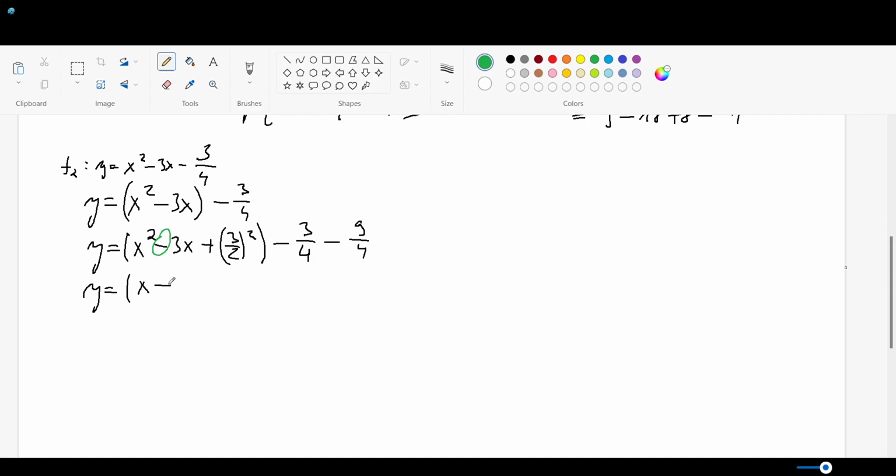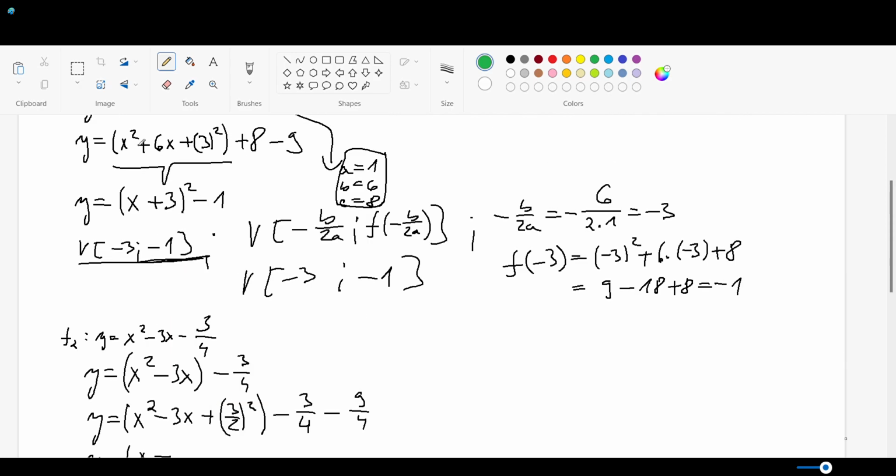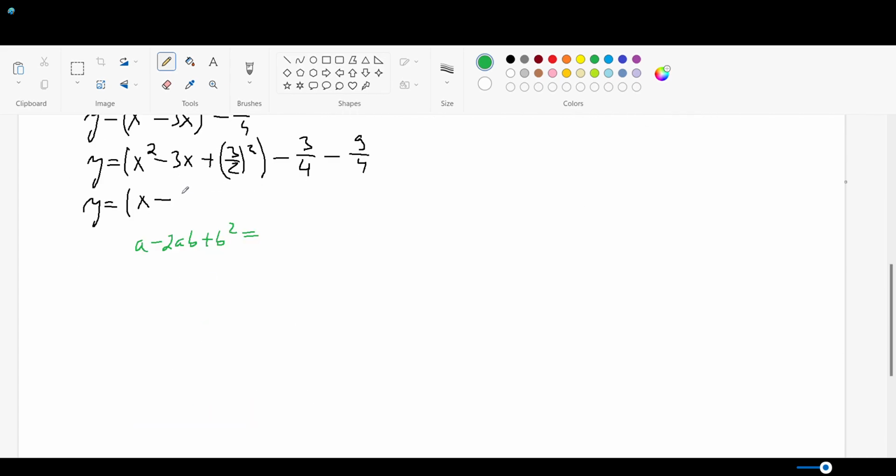To simplify this one, it's going to be x minus 3 over 2 squared, because here is a negative sign, and in this case we use the formula a minus 2 times ab plus b squared is equal to a minus b squared. In some cases, if there is a positive sign, we use another formula which says a plus 2 times ab plus b squared is equal to a plus b squared.